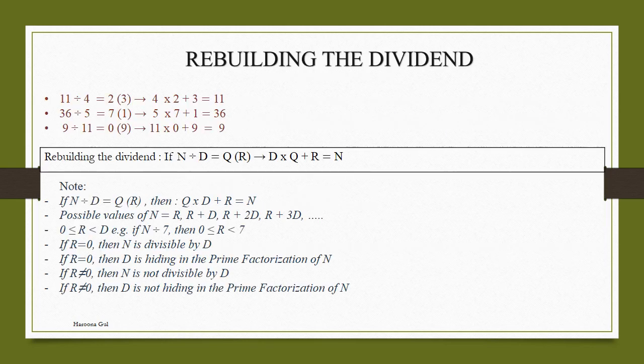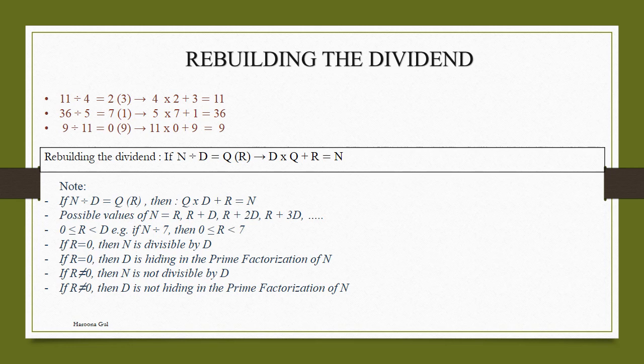In the final slide, we are going to be discussing rebuilding the dividend. Now, if we have 11 divided by 4, it is going to give us a quotient 2 with remainder 3. This implies that if we multiply the divisor with the quotient and add the remainder, that is 3, we are going to get the dividend.